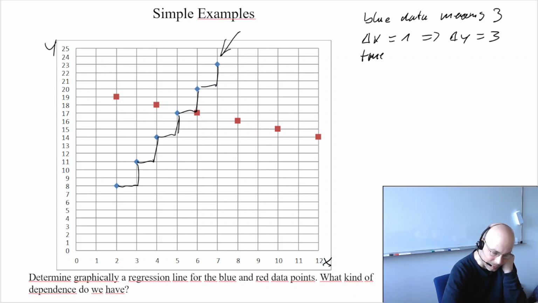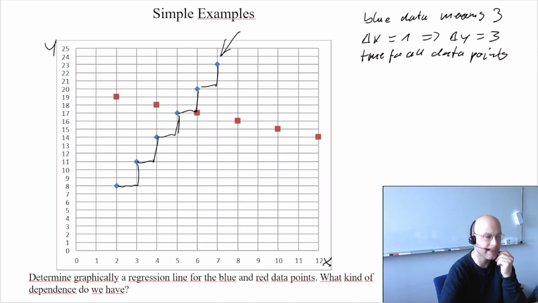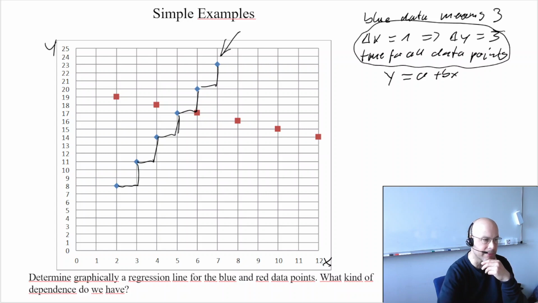True for all data points. And if we assume a linear dependence, y is a plus bx, if we have made this observation, can we then already say something about a and b?